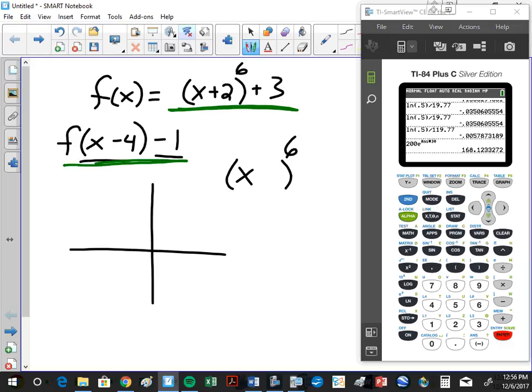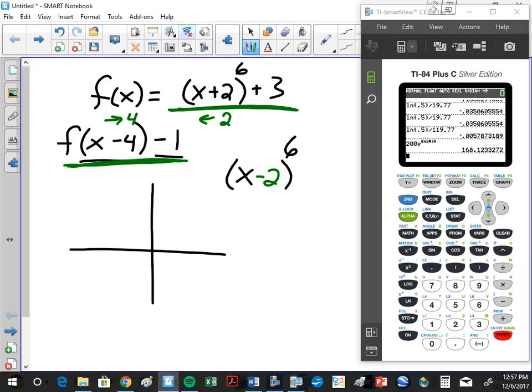I want to change the original according to those instructions. So I want to replace the x with x minus 4. So x minus 4 plus 2 simplifies to be x minus 2. And the way you can look at it is, this one is left 2, and this one is right 4. When you put both of those together, you end up with right 2.